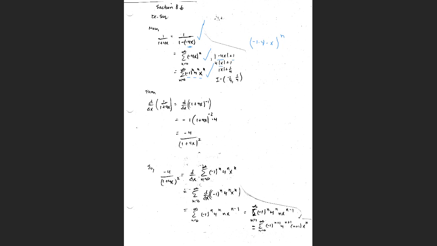So the absolute value of x is less than a fourth, and that means your interval of convergence is open interval negative 1/4 to a fourth. I will tell you in section 8.6, the intervals of convergence are going to be open intervals, because all of what you're doing when you write the function as a power series, you're relying on that geometric series Apple formula.